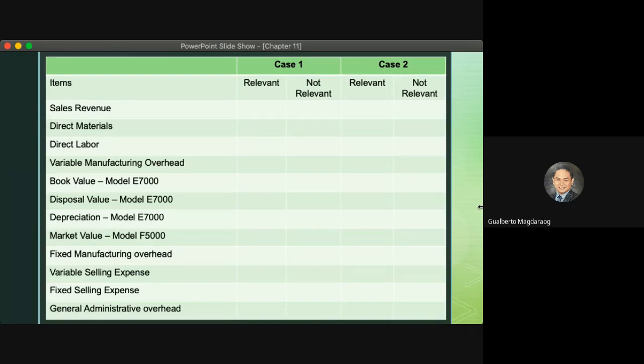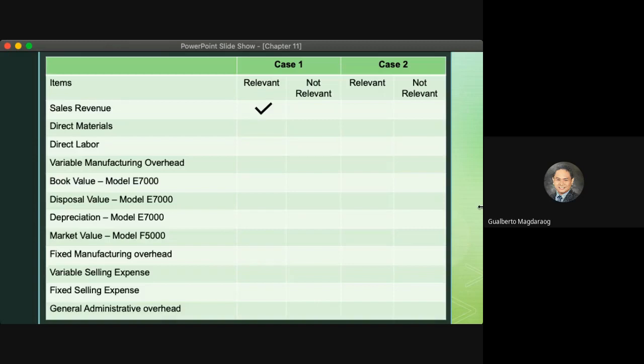Simply because dadagdag tayo ng numbers of units produced, then therefore tataas yung sales revenue natin. So therefore, sales revenue is a relevant cost. Bakit siya naging relevant? Kasi meron siyang difference, dadagdag yung ating mapoproduce, so dadagdag yung ating ibebenta.